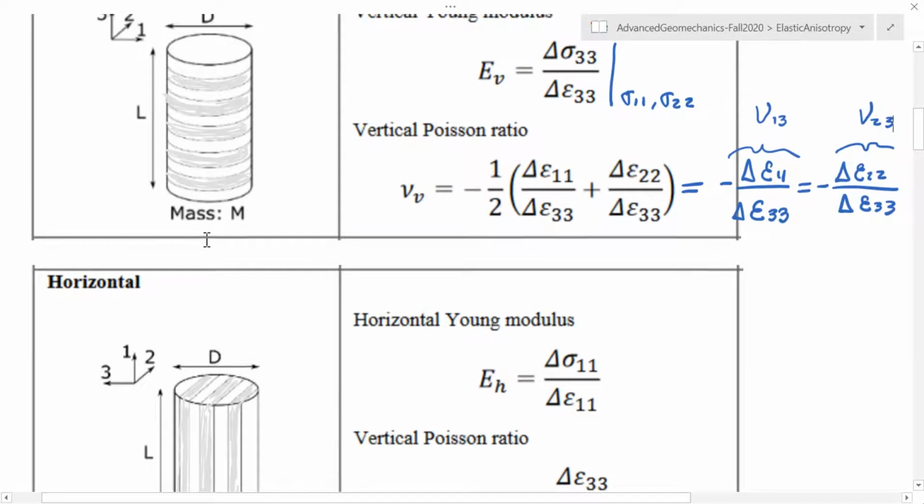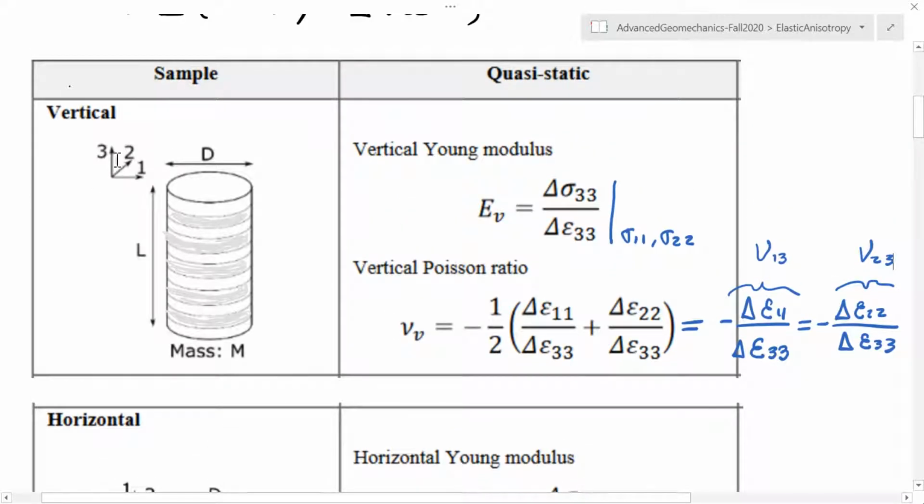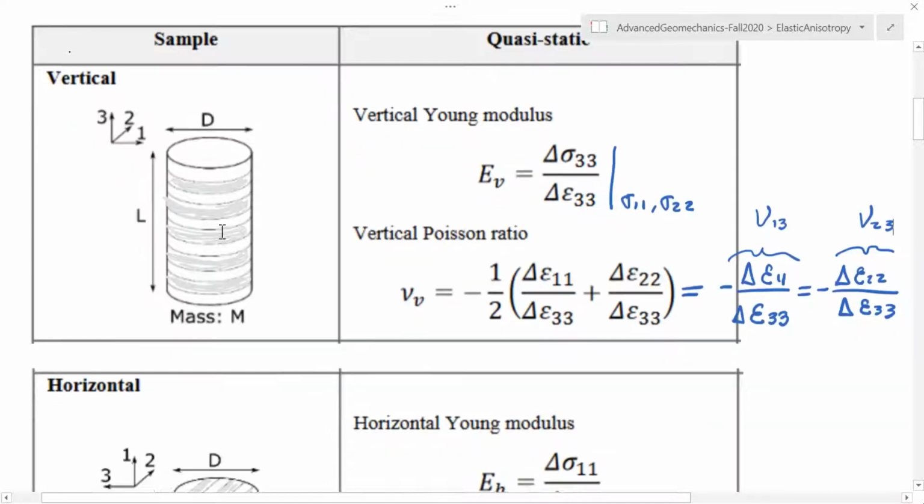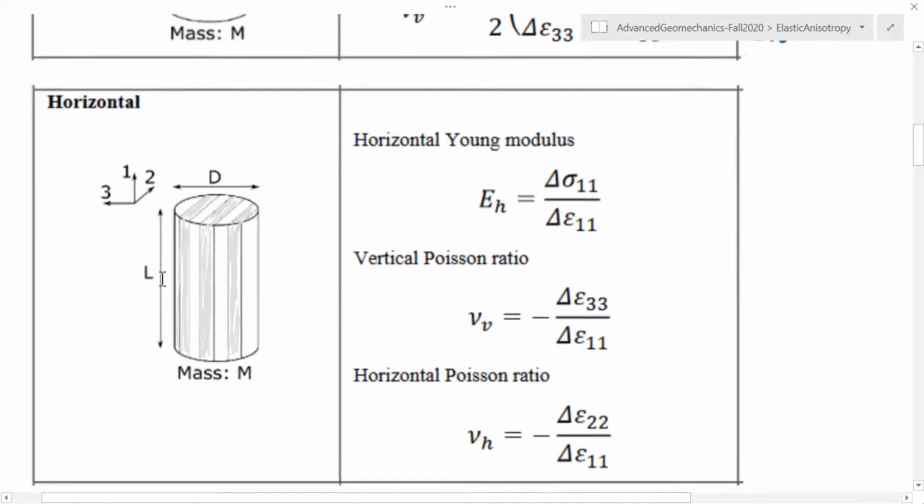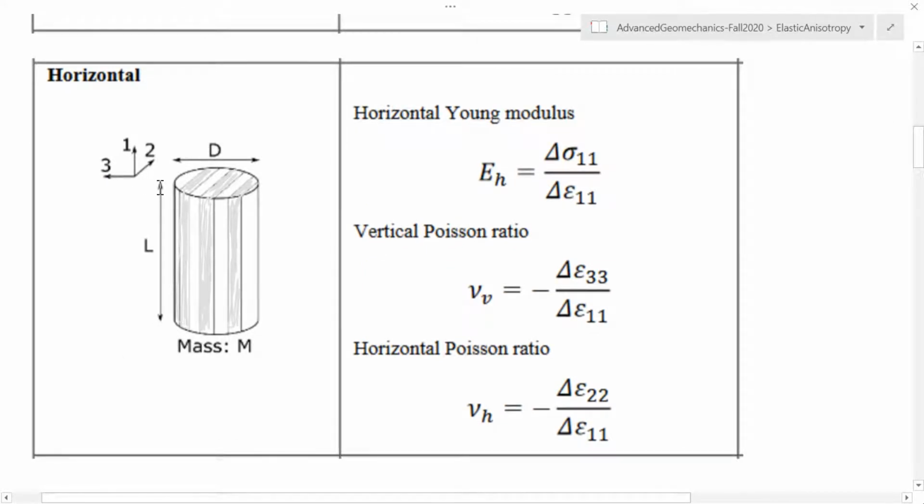Notice that I have kept here the direction of the axis in direction 3 to be the one which is perpendicular to lamination, and 1 and 2 parallel to the lamination. So this is the case, and now if I were to apply an axial load, notice that it's not going to be sigma 3,3 any more, but it's going to be sigma 1,1, at least in this particular case.